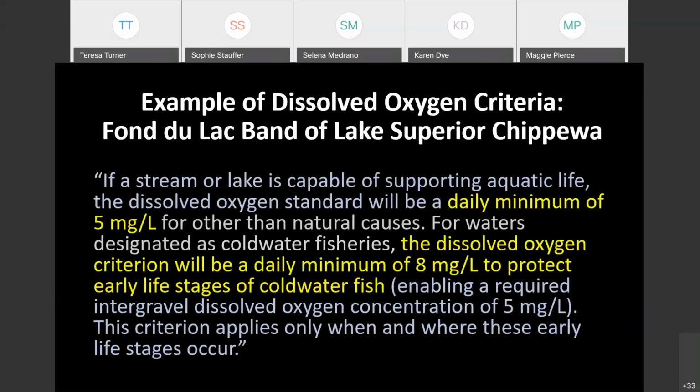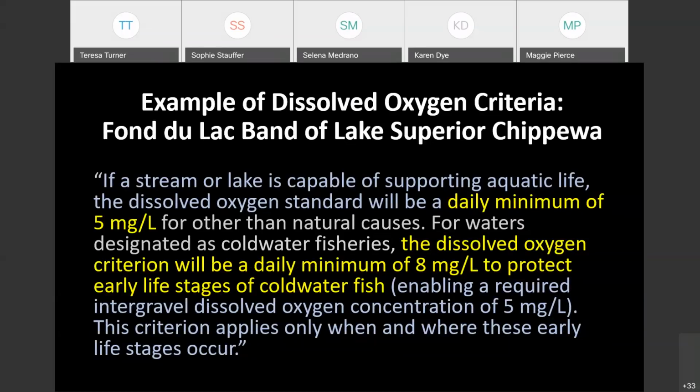So here, this is a lot of text on this slide, I know, but I wanted to share an example of a dissolved oxygen criterion. This is from the Fond du Lac Band of Lake Superior Chippewa, and my apologies in advance if I mispronounce any names here. I haven't worked with everyone, so I might not have experience saying them all.